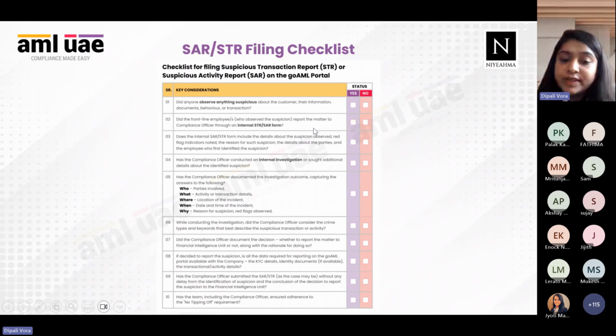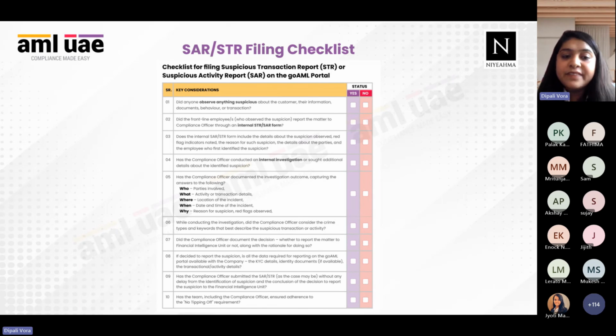If it was decided to report the suspicion, were all of the available information and documents submitted on the goAML portal, and has the compliance officer filed it without any delay? Ideally, without delay is not defined anywhere in the act, but in some of the previous sessions which we have attended of the ministry, and some of the surveys which you will all be receiving, they have always asked whether the compliance officer has taken action within 24 hours or not.